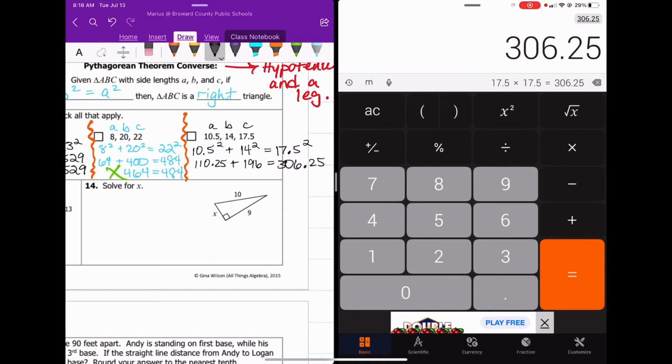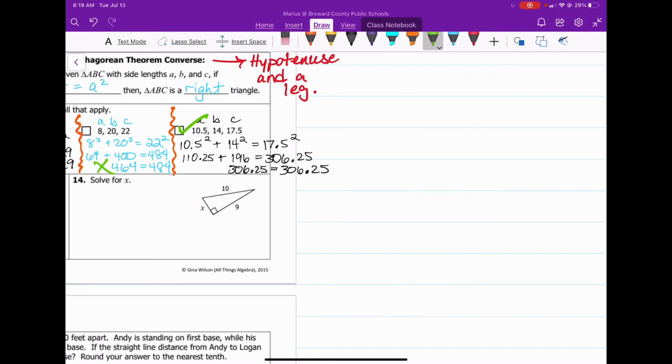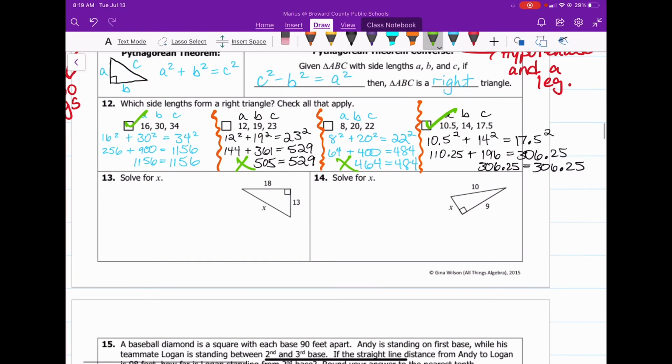Now I'm going to do 110.25 plus 196, which equals 306.25, which is equal to 306.25. So these last three numbers do form a right triangle. That's how we verify if three numbers put together form a right triangle.